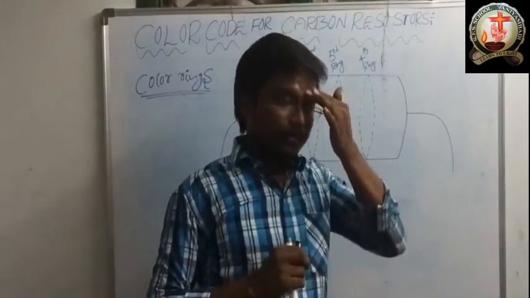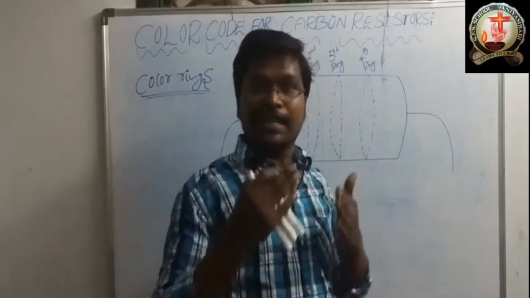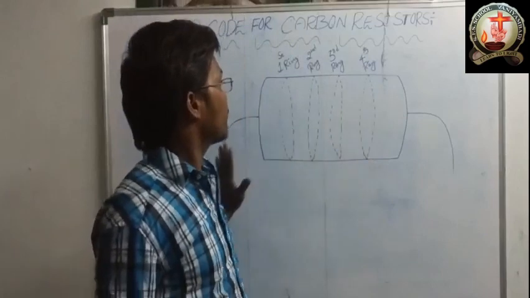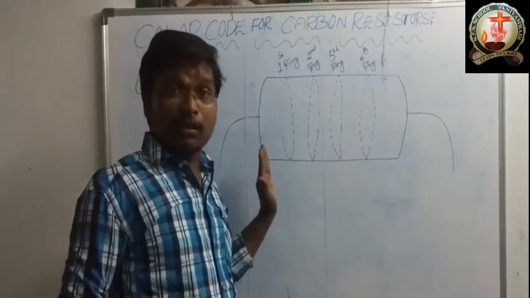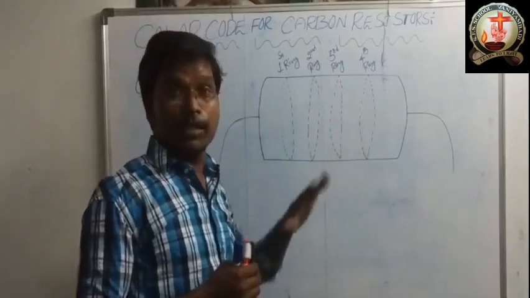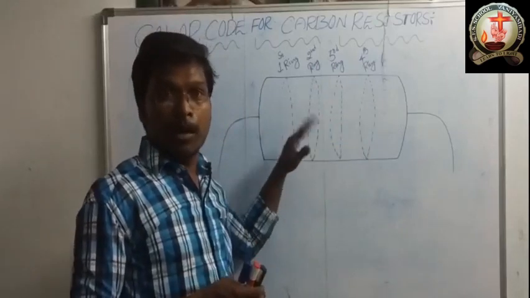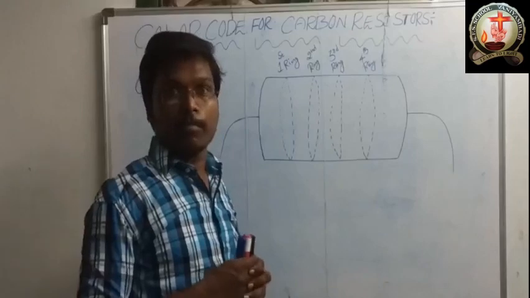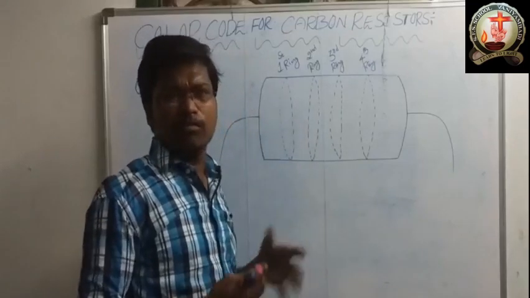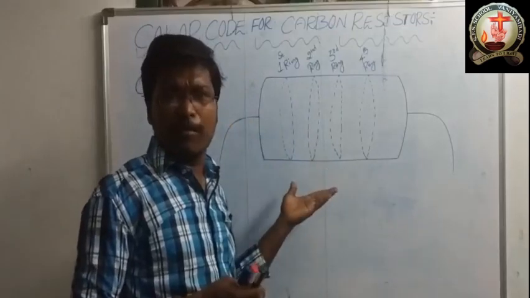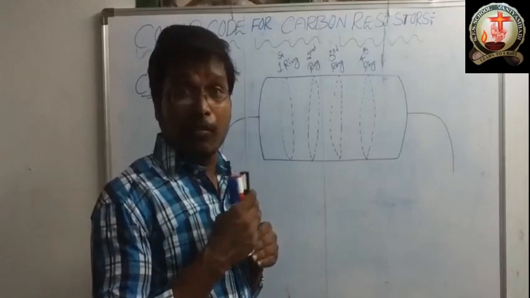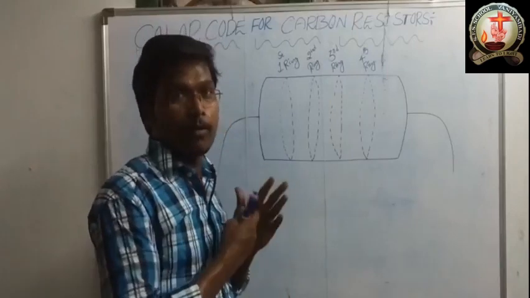Usually the structure of any carbon resistor is like this. This is the carbon resistor, a simple carbon resistor. This carbon resistor has some resistance value. We need to find that resistance value.